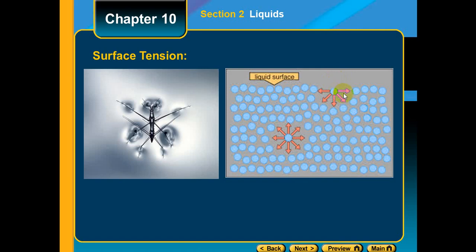So this attraction force causes the surface of the liquid or water to be like a stretched thin membrane, or elastic thin membrane, that can carry the insect here.